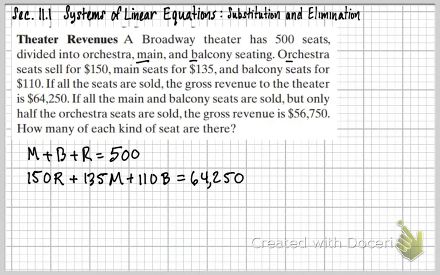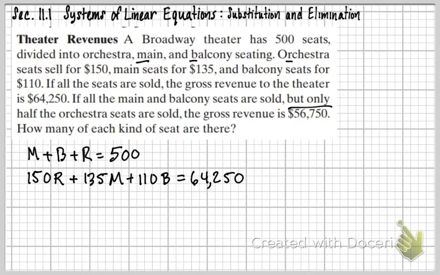Now for the third equation, it says if all the main and balcony seats are sold, but only half of the orchestra seat tickets are sold, then the gross revenue is $56,750.